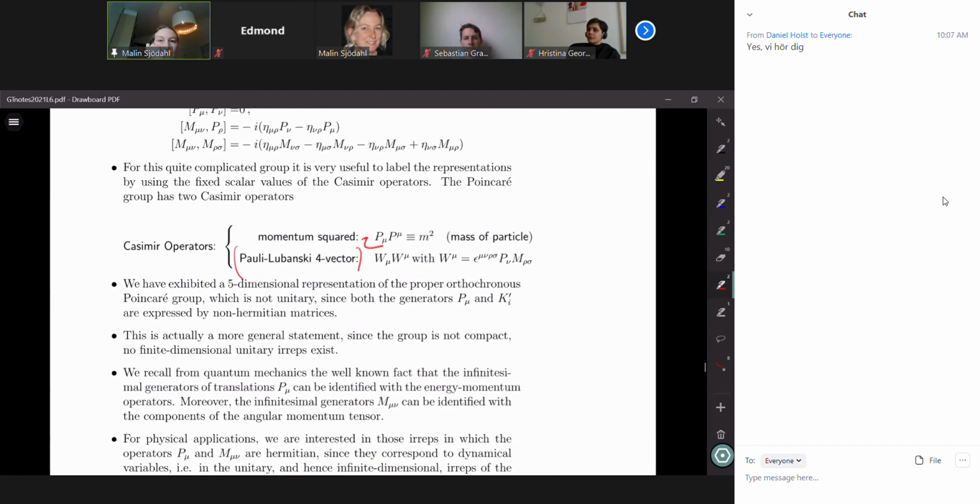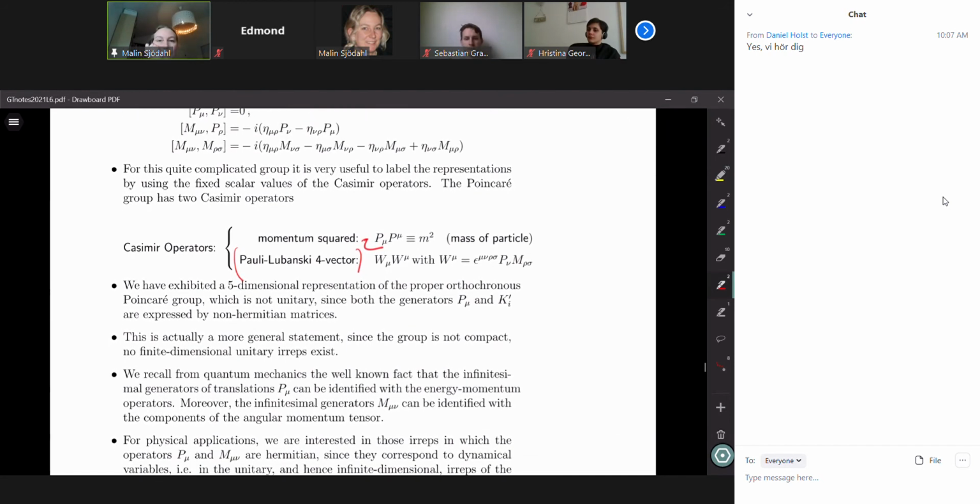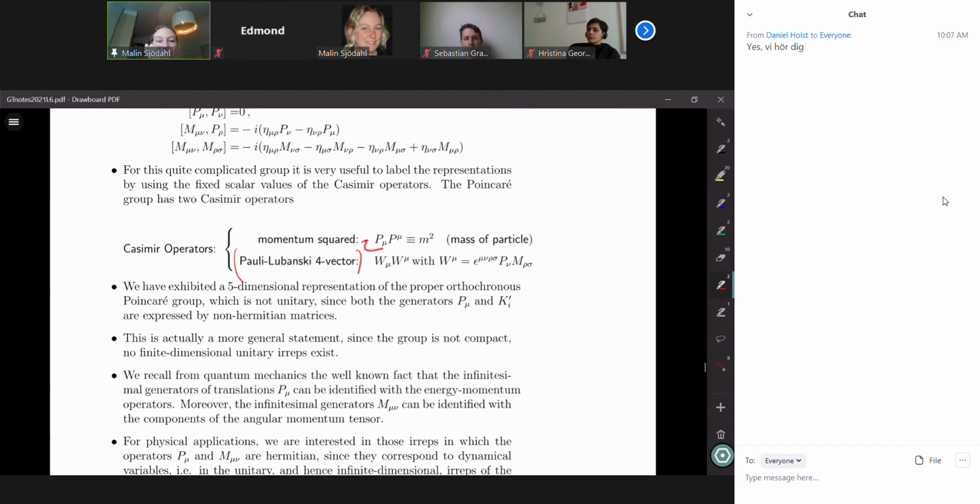I should also point out that this group, the Poincare group, is not a compact group, and the representation that we have here is not unitary, because as before, the K's do not correspond to something unitary, and also the P generators do not give us anything unitary.